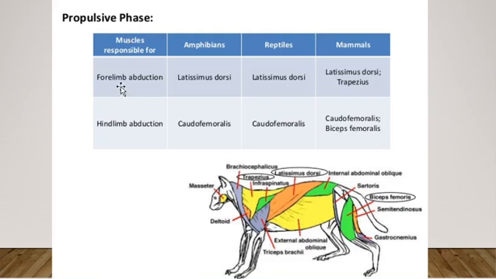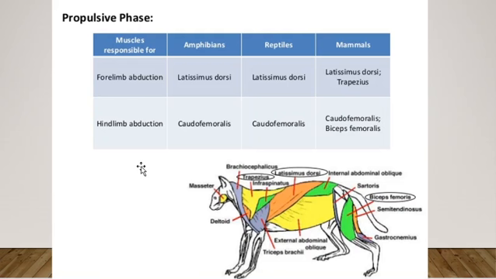Muscles responsible for forelimb abduction: in amphibians, we have the latissimus dorsi. The muscle in reptiles is also latissimus dorsi. The same thing with mammals, but with an additional muscle called the trapezius.